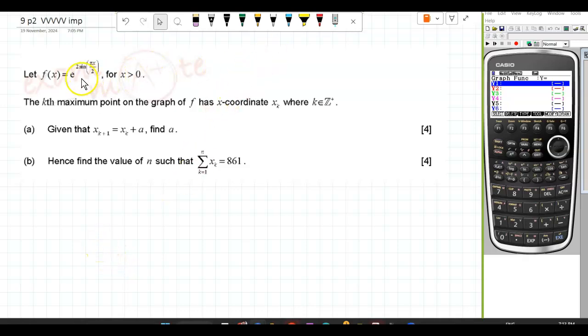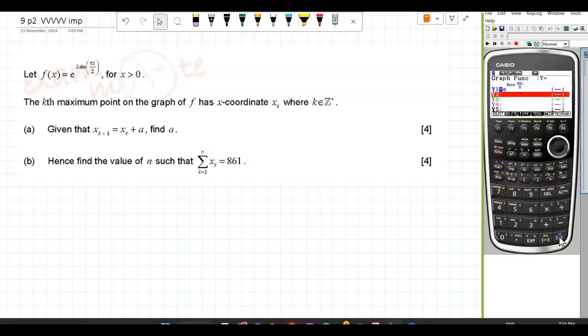You must graph this on your calculator. Now, whenever you're doing such sums, pi by 2 means this is in radians, and x is greater than 0. So you graph it in your calculator. You do e raised to 2 sine, correct, open brackets, fraction pi x upon 2, close brackets.